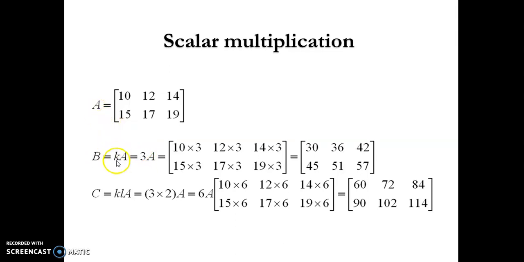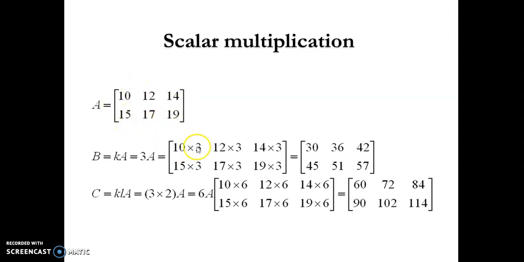So K is that scalar 3, and it's 3 times the sales of April, and A was the matrix that represented the sales for April. So now what you do is you take this scalar 3 and you multiply it by every entry in A. So as you can see, this was your matrix A.